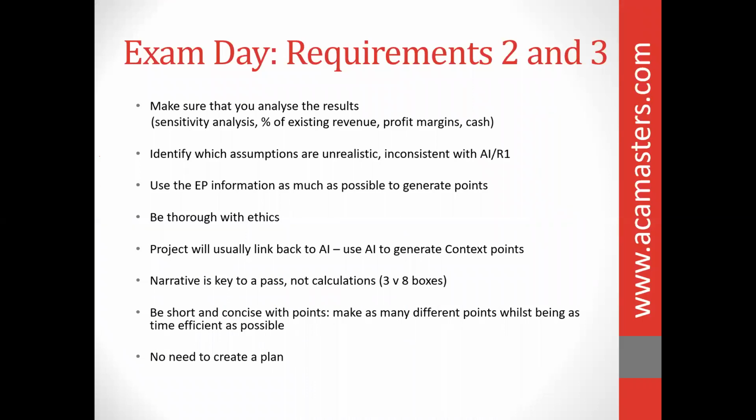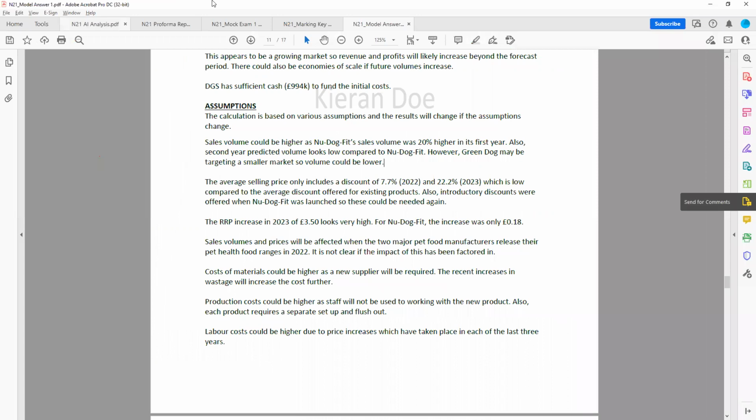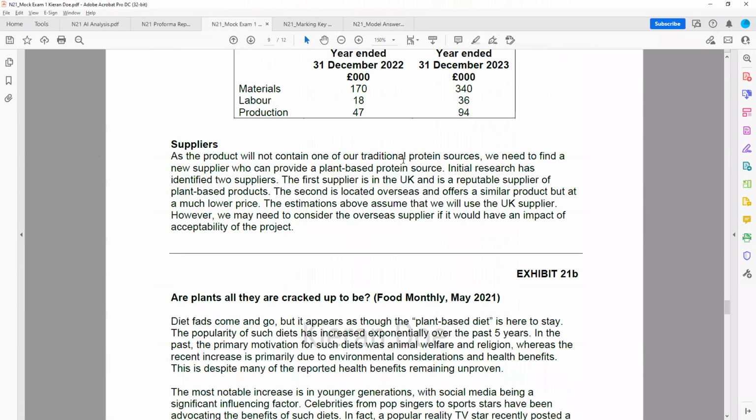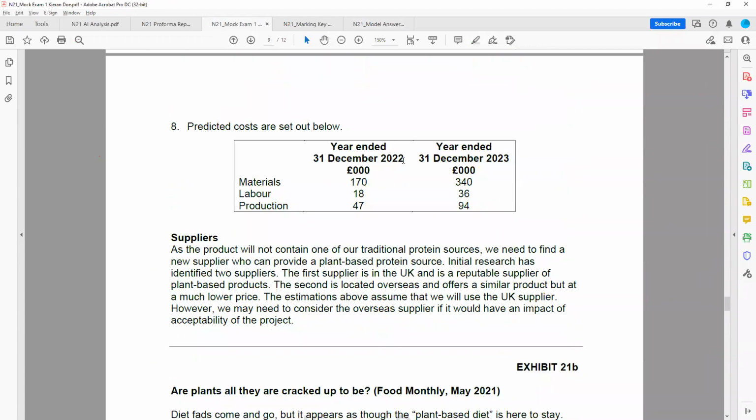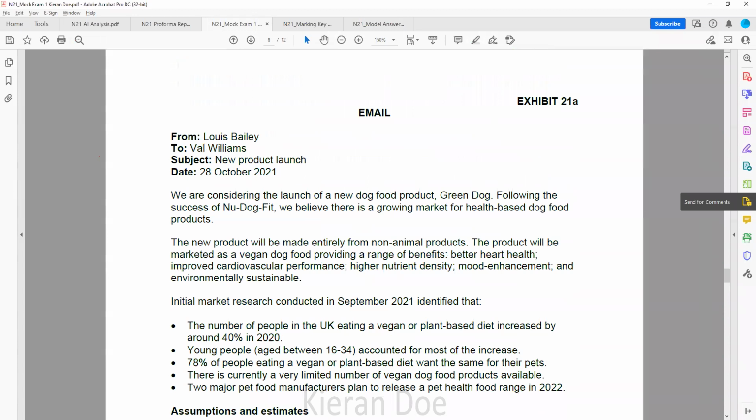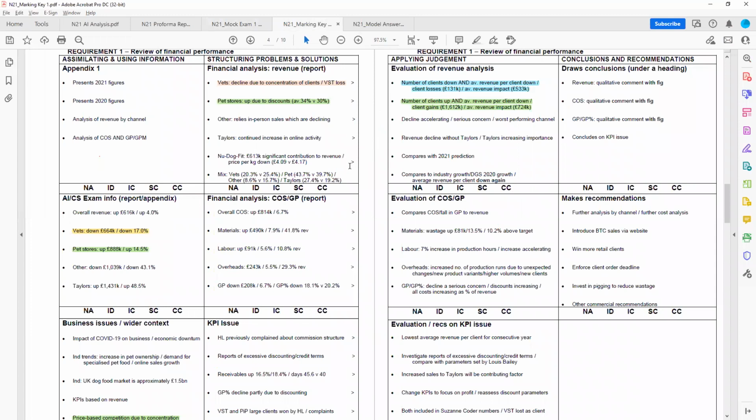As with requirement 1, use the exam paper information as much as you can. That's just a constant theme, and you'll see that in our mock exams, where we use that as much as possible in the answer, and you should do that because it tends to be that the points on the marking key are for using the exam paper information.